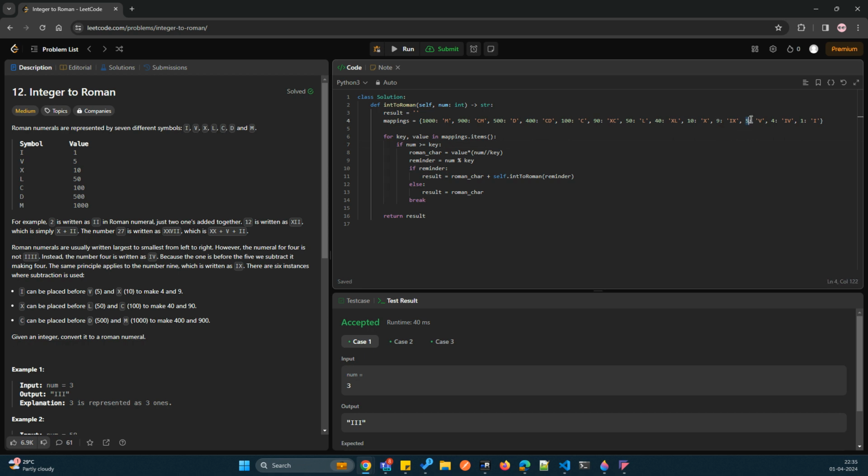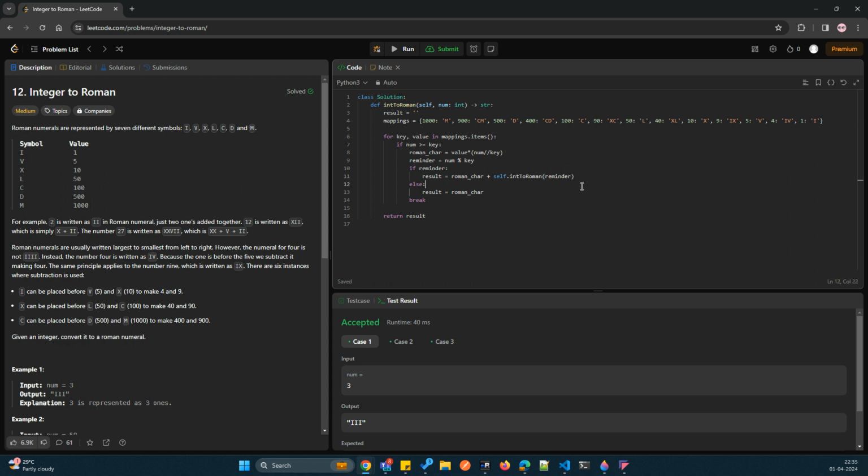No. So we come here: 6 is greater than 5, so I can use a 5. So 5 will be picked here, and the remainder will be 1. I append it to the older result, which was XXX, and then whatever remainder comes, we go again, it matches, and that will be appended to it.